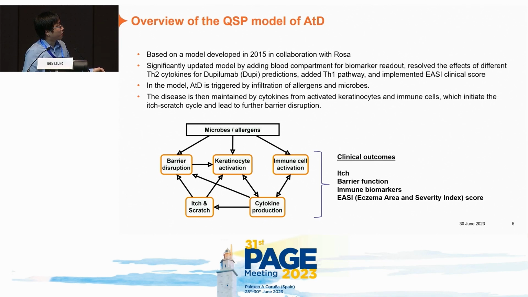And the scratching can further disrupt the barrier, and this tends to perpetuate the disease. And in terms of clinically relevant outcomes, we can predict things like itch, skin barrier function, a number of cytokine biomarkers, and also the commonly used eczema area and severity index, or EASI score.